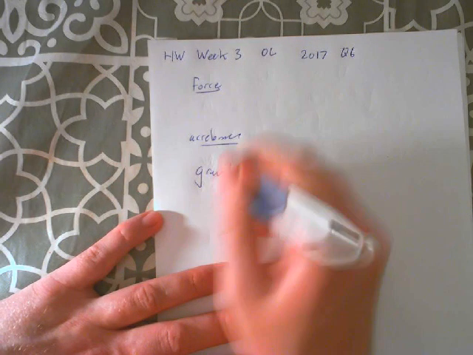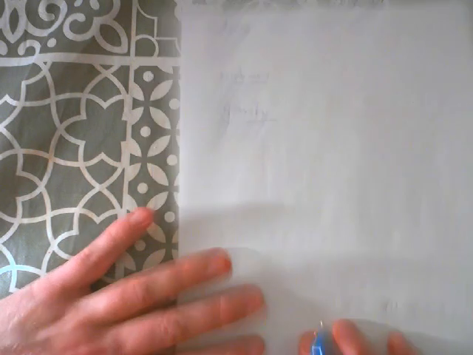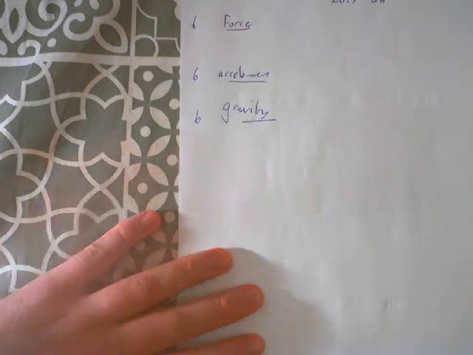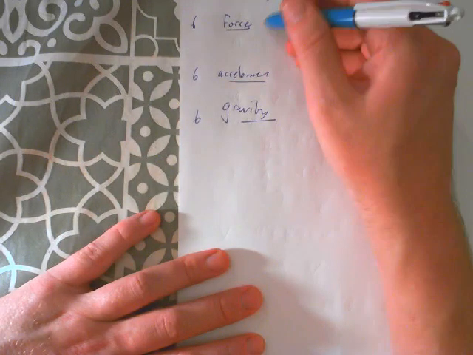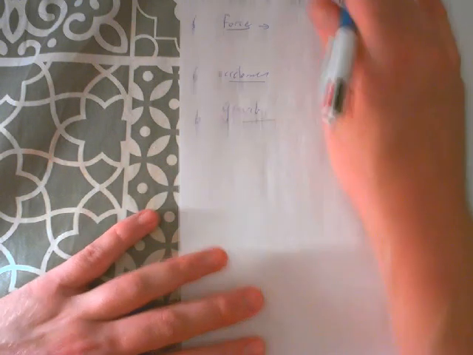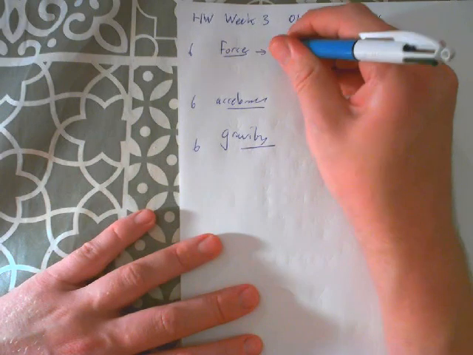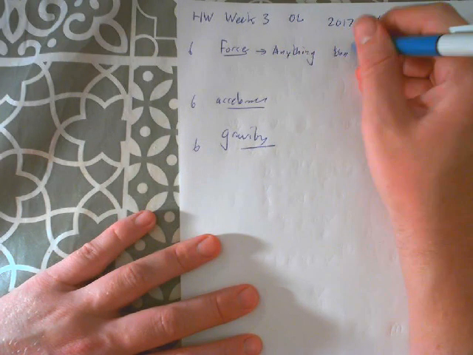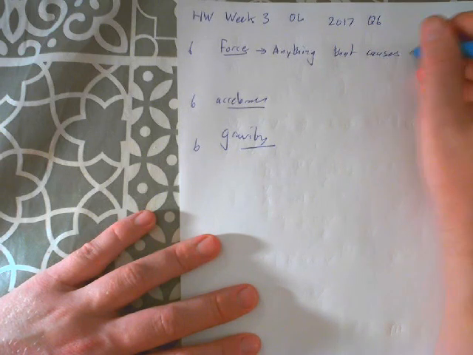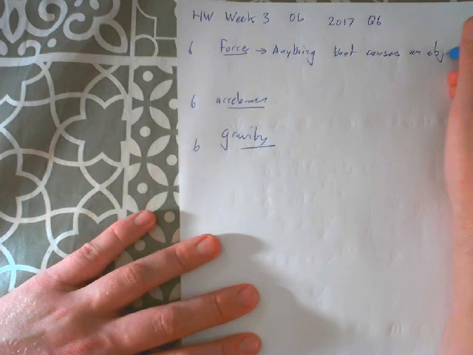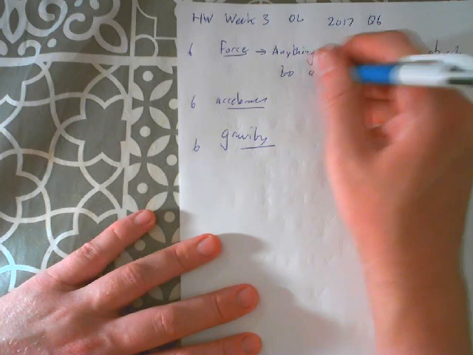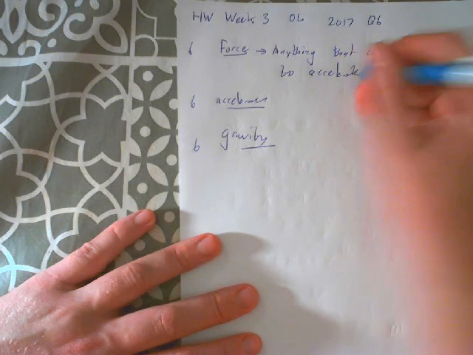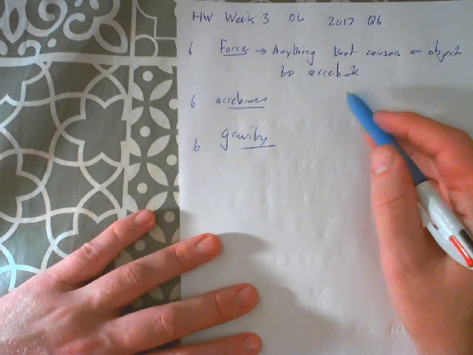Okay. The first part of the question: explain the underlying terms. Each of these has 6 points going for it. So let's talk about force first. Force is anything that causes an object or a body to accelerate or change velocity. That could be getting faster, or it could be decelerating as well.